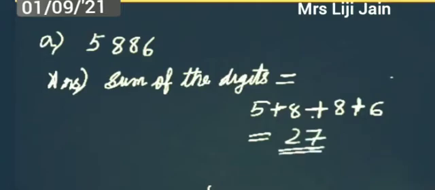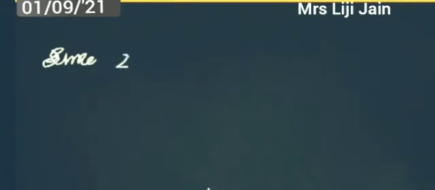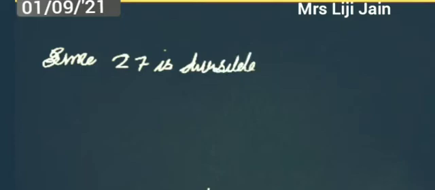Okay. Is 27 divisible by 9, or is 27 in 9's table? Yes, isn't it? So what can we conclude? Yes. So since 27 is divisible by 9, the given number is also divisible, isn't it? Yes, please write down. Since 27 is divisible by 9, what can we conclude?